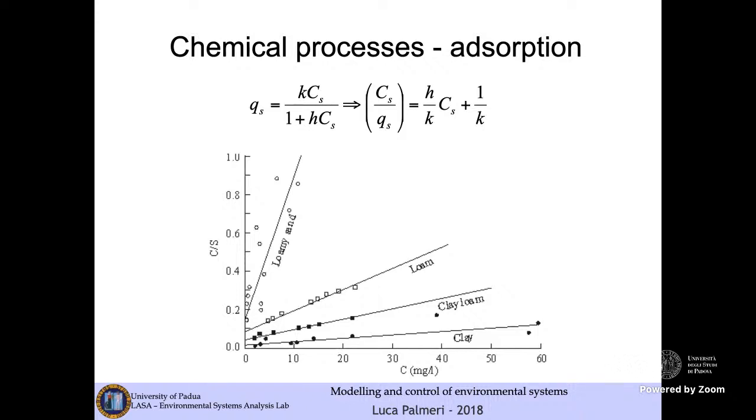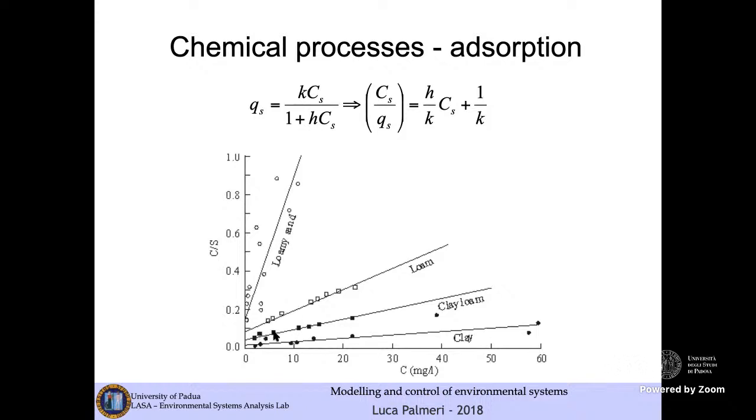By experimental analysis, environmental engineers may find these kinds of plots useful. Here we are plotting the ratio C over S, so the concentration in the liquid phase divided by the concentration on the solid phase. Sorry, this S is QS, as a function of the concentration in the liquid phase.